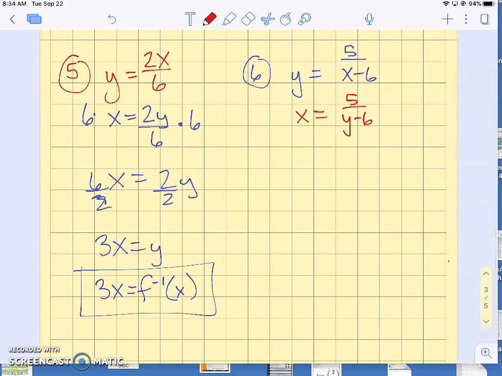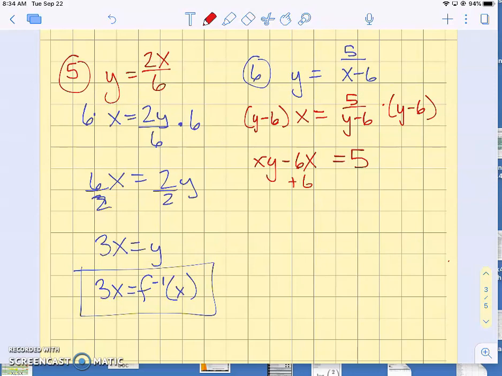So we don't want y in the denominator, so we'll multiply by y minus 6. And since there's the two terms, I'm going to put that in parentheses. So now we just have 5. And then if we distribute, we have xy minus 6x. So it looks like it got more complicated here, but now it's really easy to solve for y.